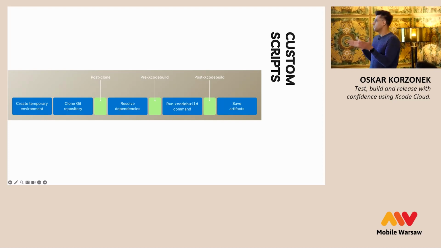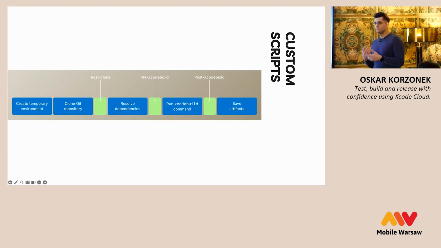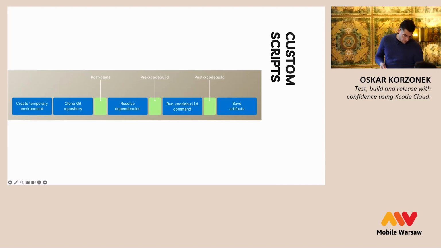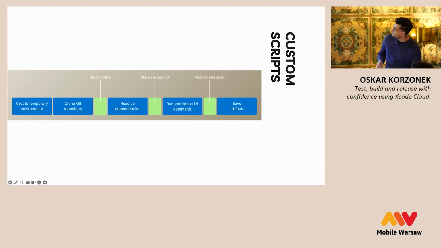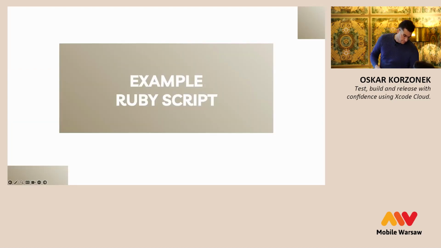So basically, after the clone, before the build, and after the build, you have a chance to do something custom. And it's worth mentioning that you can use Bash, Ruby, or Python out of the box. You don't need to install anything. Everything you need to do is just put your scripts into the ci_scripts folder, and that's it.